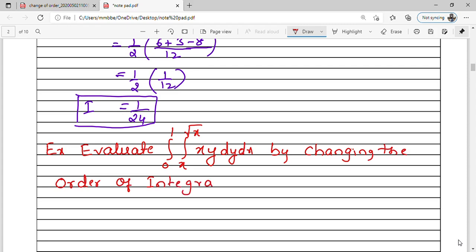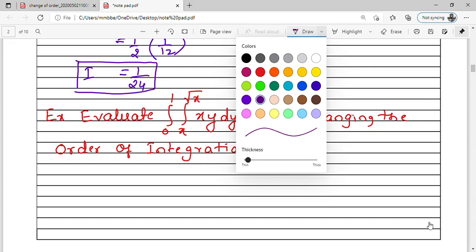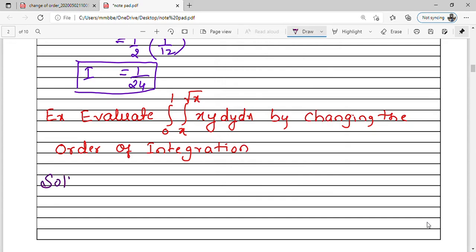So the first work is you have to draw a rough sketch using the limits. Here, x is from the lower limit x equal to 0 to x equal to 1.